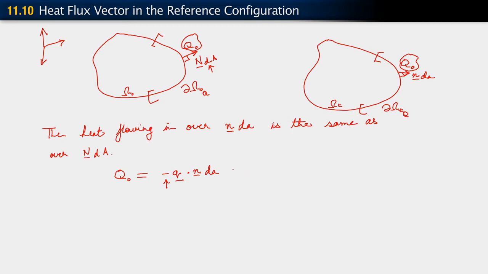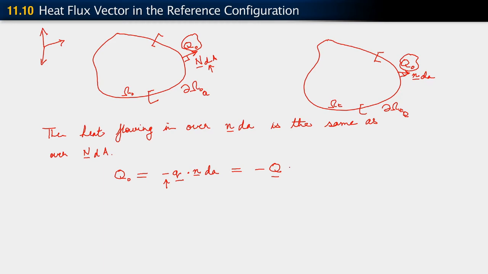In the reference configuration, we want to say that this is equal to minus a heat flux vector in the reference configuration, which I'm going to call Q, at the small risk that this may be confused with our standard rotation tensor. So let's remember that they're different here, just by context.